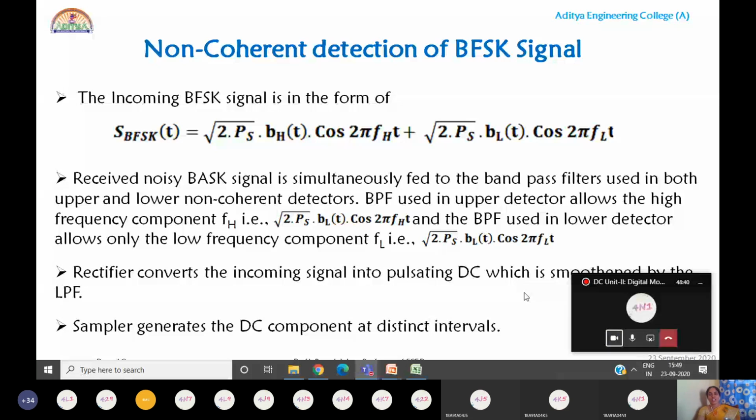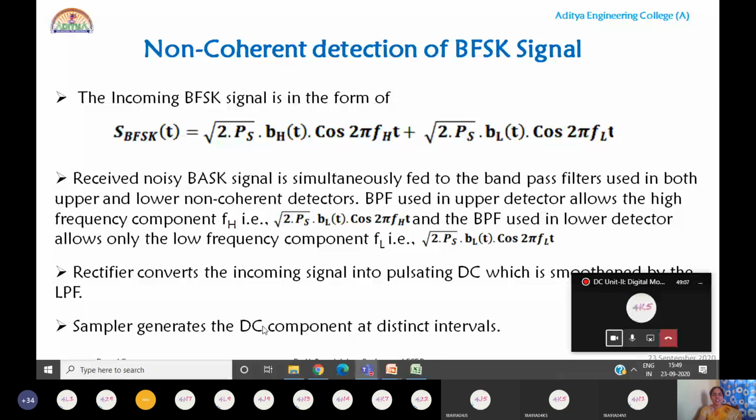Please see, the rectifier converts the incoming signal into pulsating DC, and that is smoothed by the low pass filter.